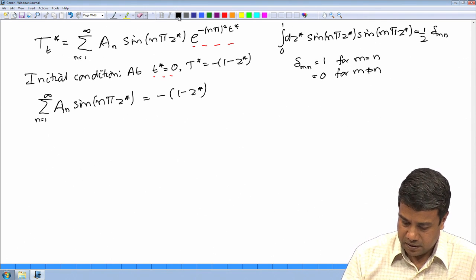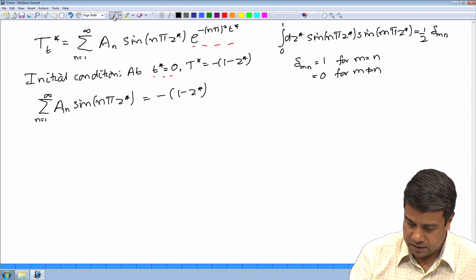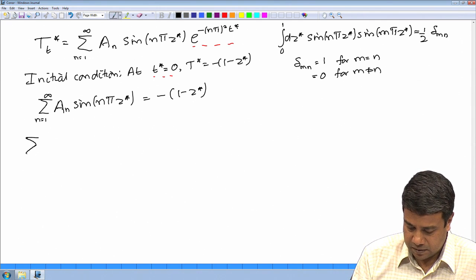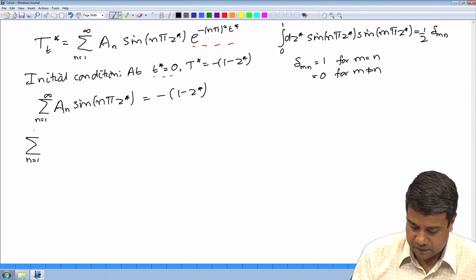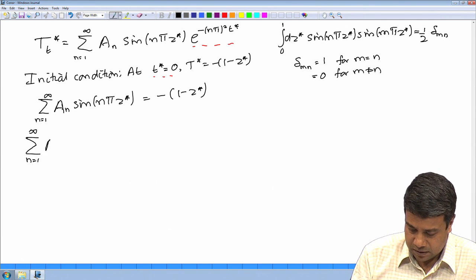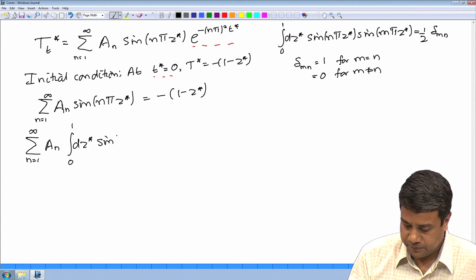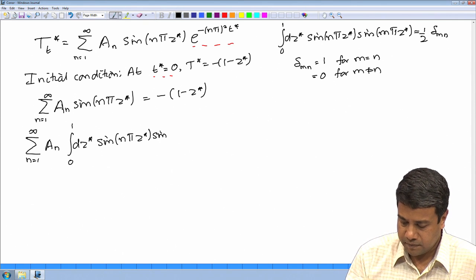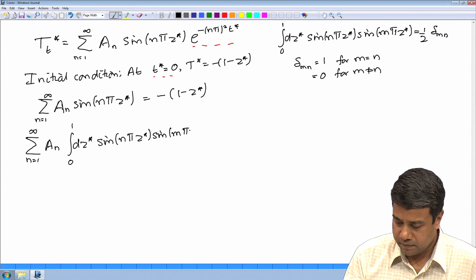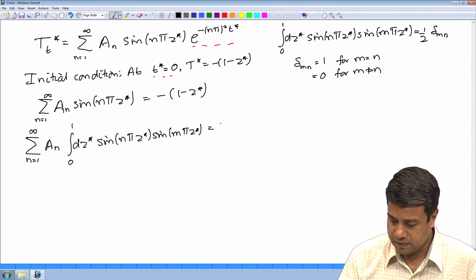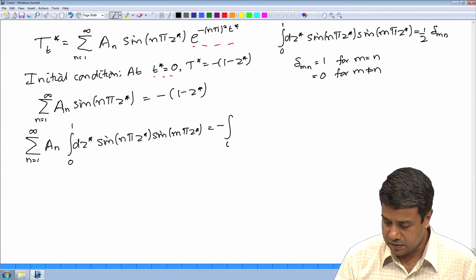I have here summation n equal to 1 to infinity a n integral 0 to 1 dz star sine, is equal to minus integral 0 to 1.